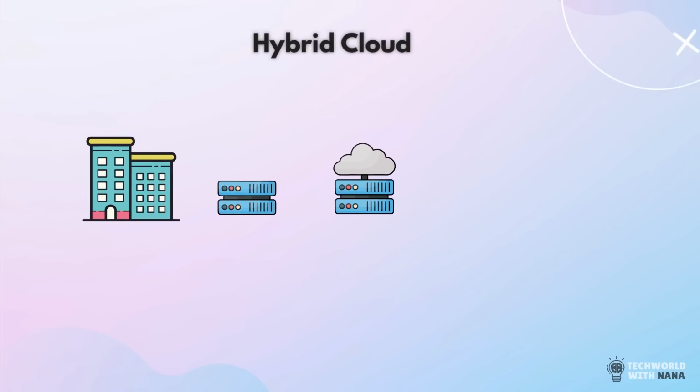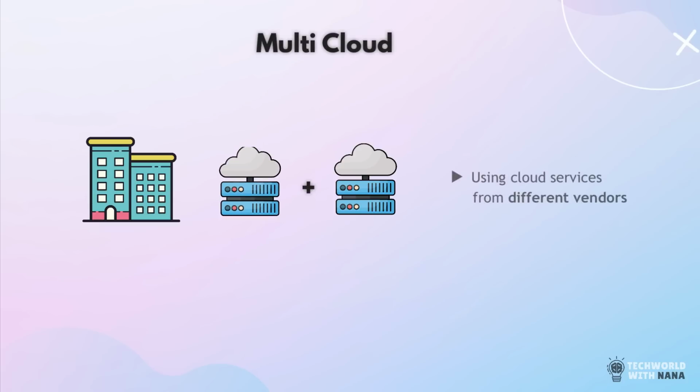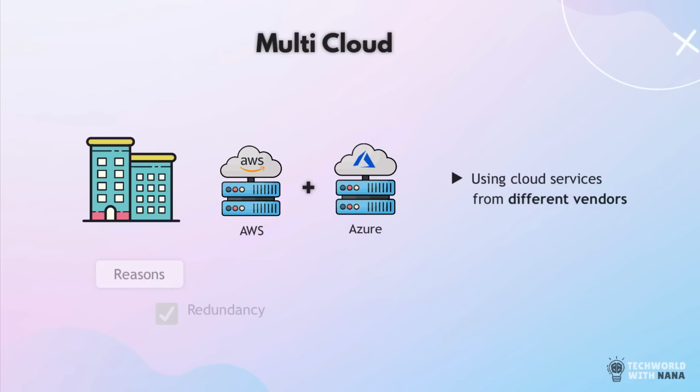Many companies are also using hybrid cloud, so they want to migrate only parts of their local infrastructure to cloud, which means they need integrations between local and the cloud infrastructure. Many companies also do multi-cloud, which means they want to use AWS and Azure, maybe for redundancy. Like if something happens to one AWS data center, you have a fallback.